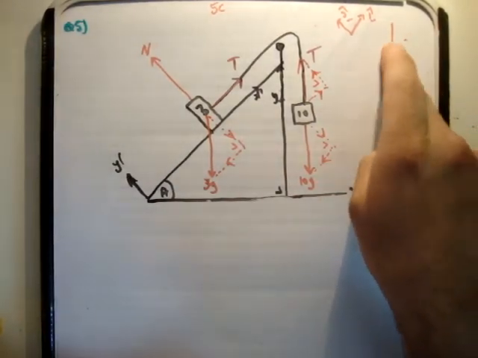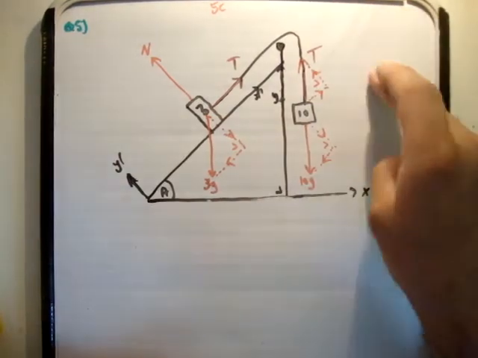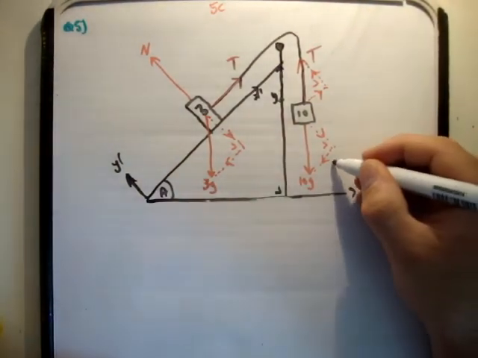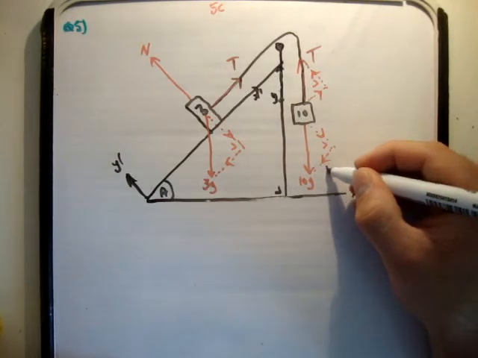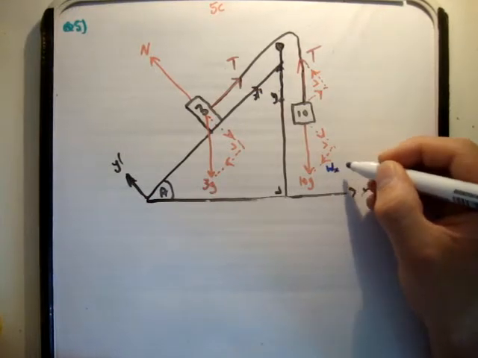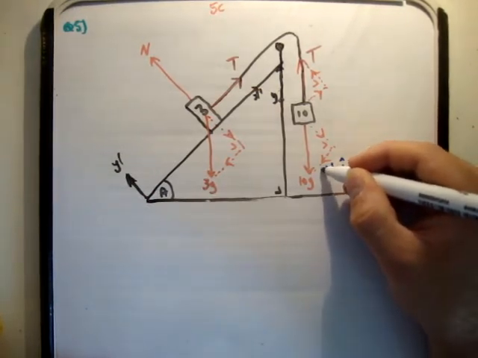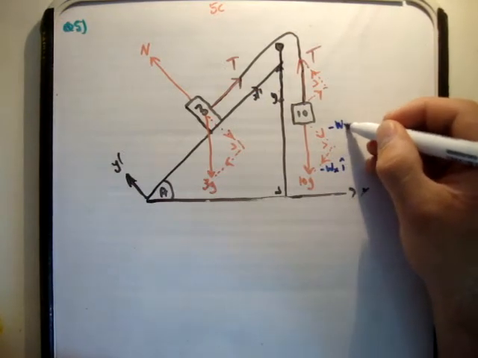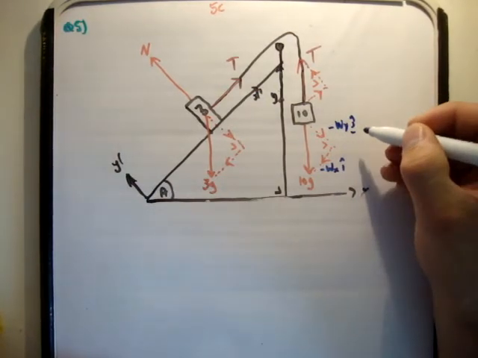So for that reason, I'm just going to get rid of these now because we don't really need those. They're just cluttering up the diagram at the very least. So what we have here is w sub x i hat, and it's actually in the negative i direction. This is negative w sub y in the j hat direction.